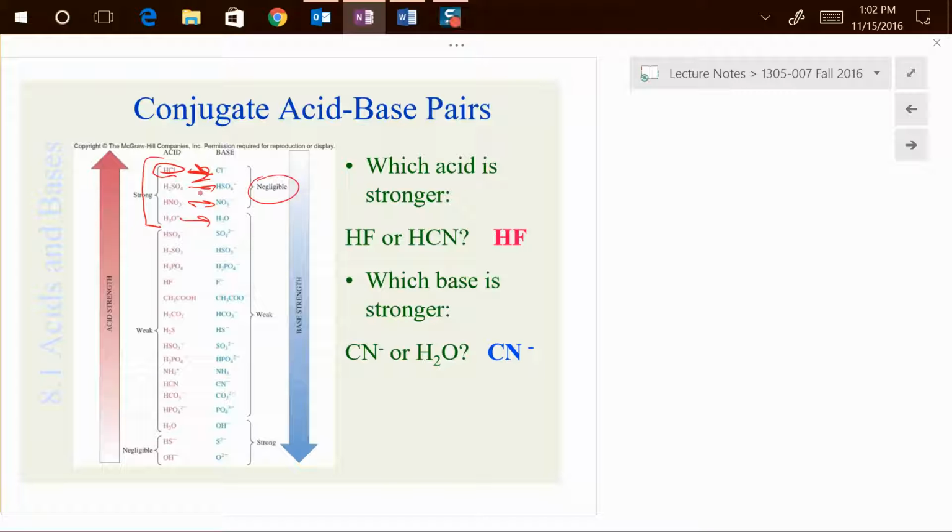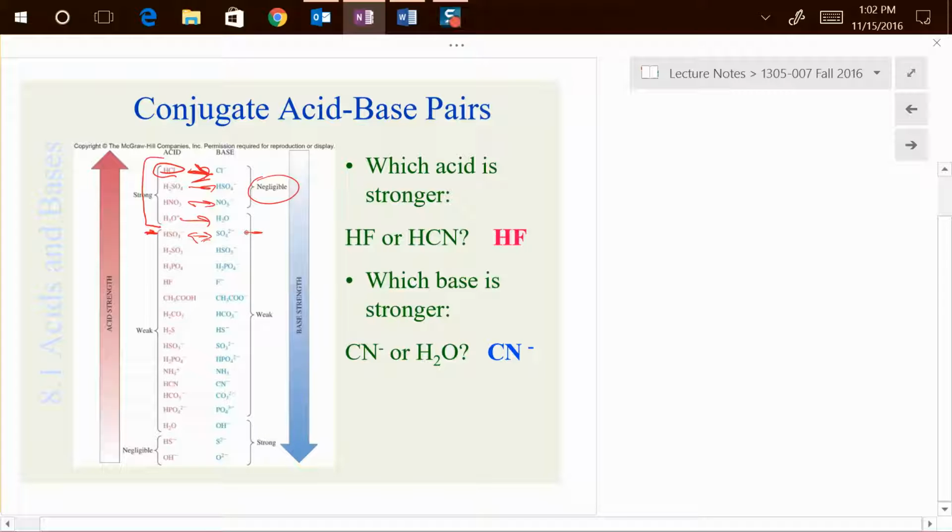That's it. But when you get here, look at these ones. Okay? These have acid-base properties, both of them. HSO4 minus, SO4 2 minus. This can go back and forth. We can create an equilibrium here. Okay? But look at the acid strength here. Of the weak acids, HSO4 minus is a pretty darn strong acid. Okay? Look, it's at the top of the list here.